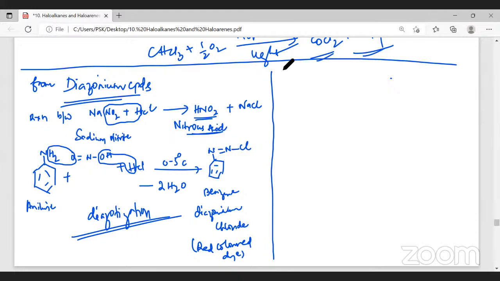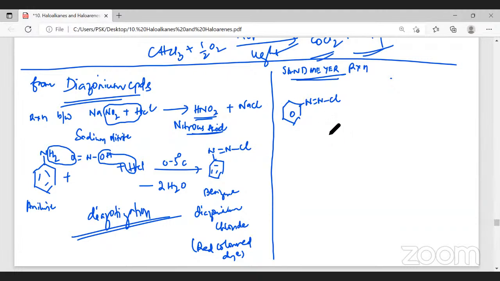That reaction is called the Sandmeyer reaction. For the Sandmeyer reaction, the basic requirement is benzene diazonium chloride, which will be treated with various other compounds. We represent it like this: benzene, N double bond N, Cl.